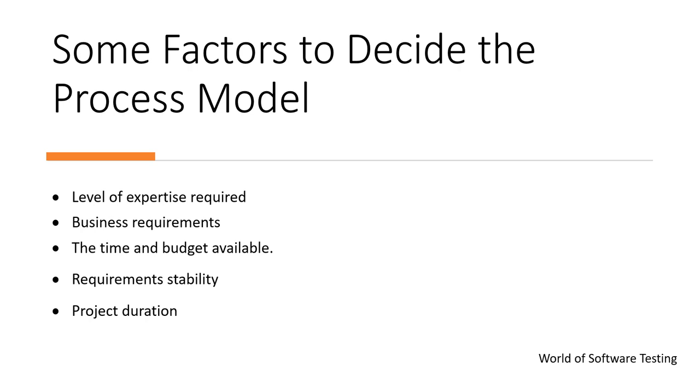Unlike the waterfall model, in the agile model very limited planning is required to get started with the project. Again, at the earlier stage, if the business requirements are not clear, then definitely complete planning is a waste of time. So it is better to go for the agile model with very limited planning.